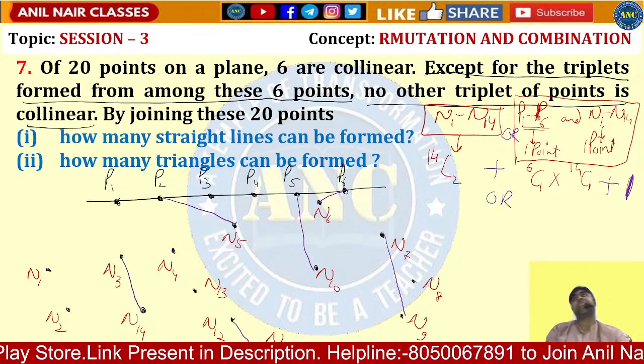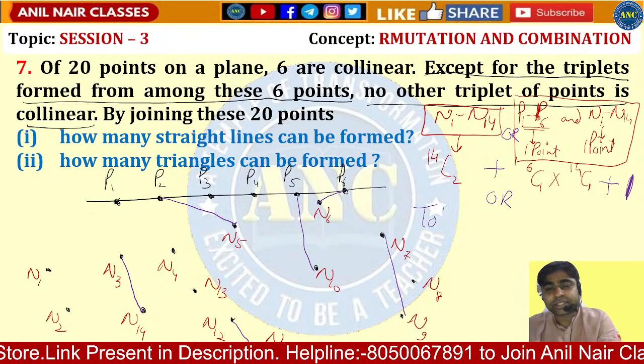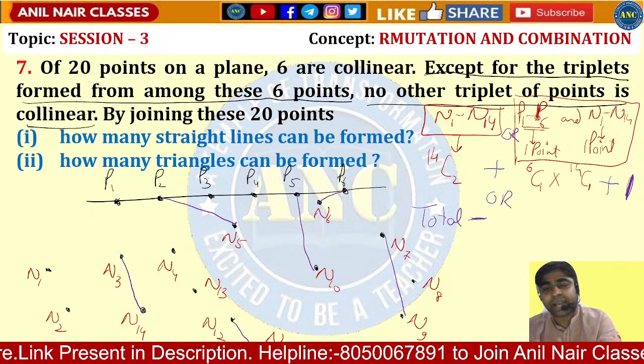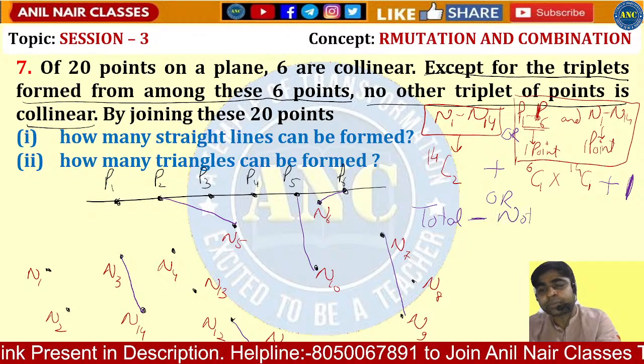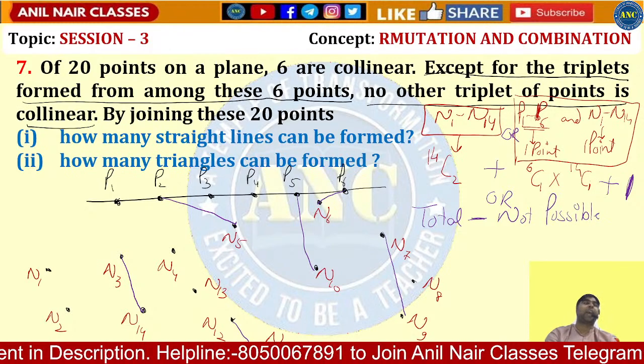One more way of thinking could have been to solve the total ways and subtract the ones that are not possible. So what are the total lines that I could have formed?